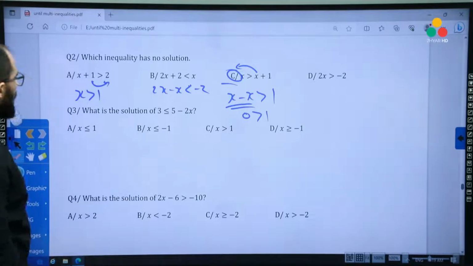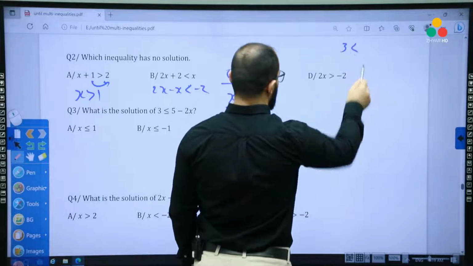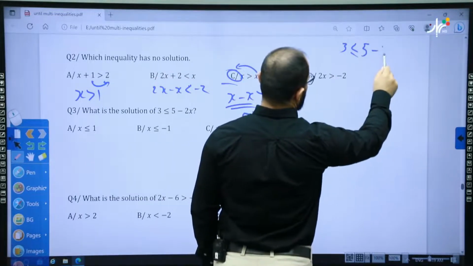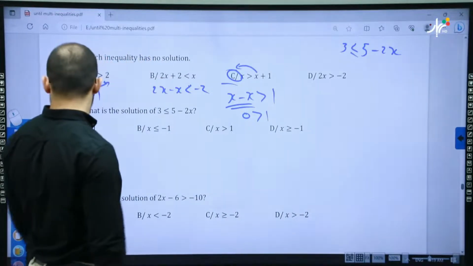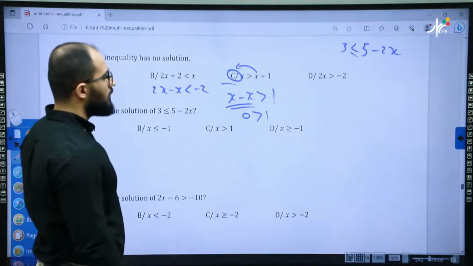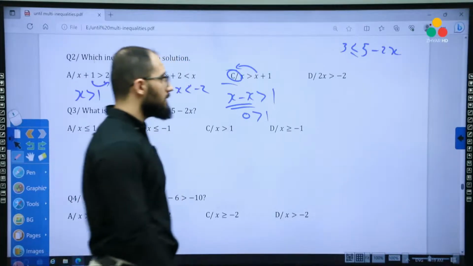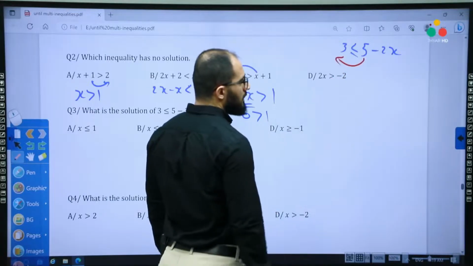Question 3. What is the solution of 3 less than or equal to 5 minus 2x? Okay, so we have 3 less than or equal to 5 minus 2x. First step, move the 5 to the other side.